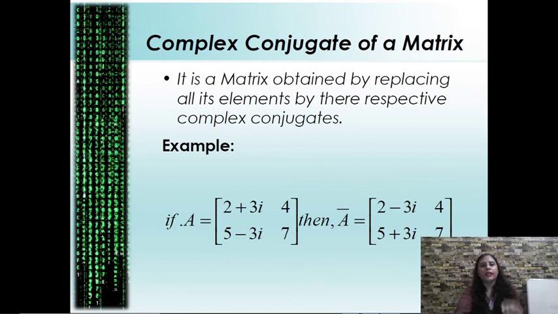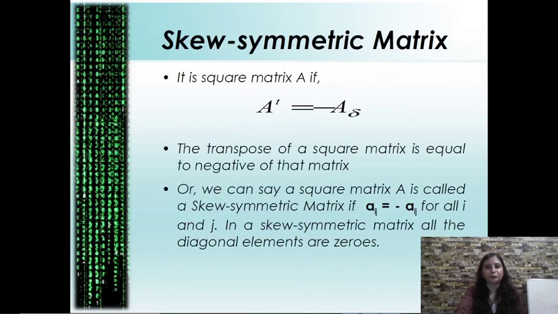Here we are considering the complex conjugate as A and A dashed. Right? You can see in the example and you will very well understand what it means.